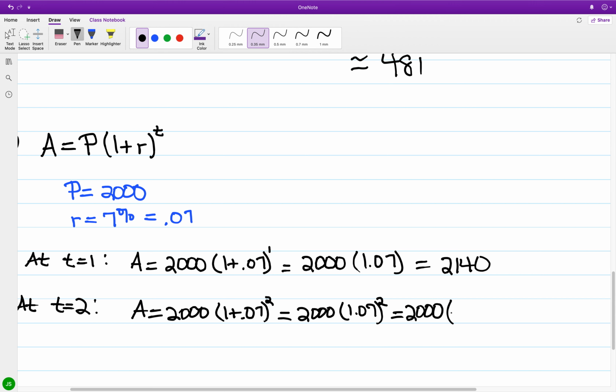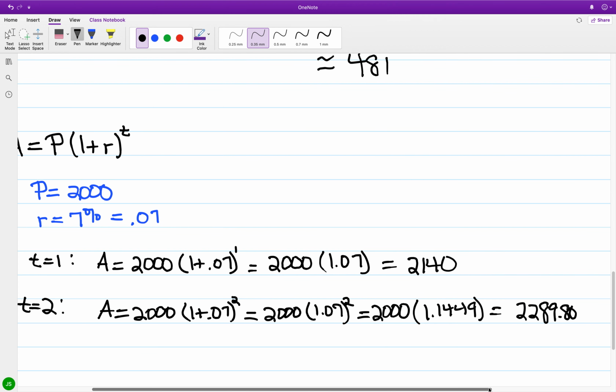And 1.07 raised to the second is 1.1449, and multiplying by 2,000, we have 2289.80.